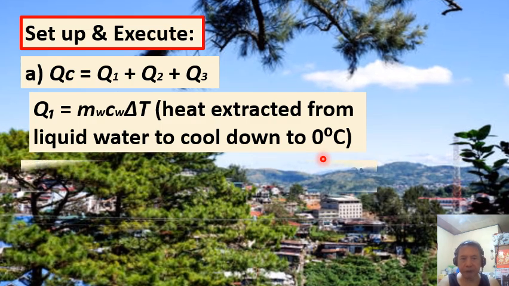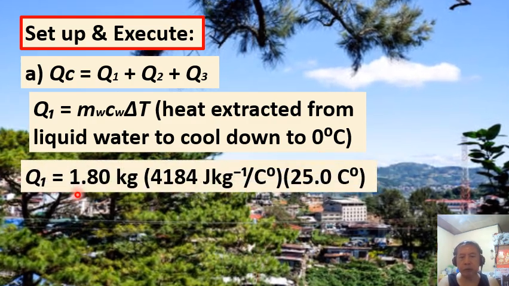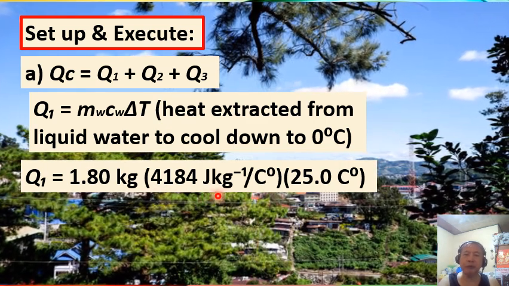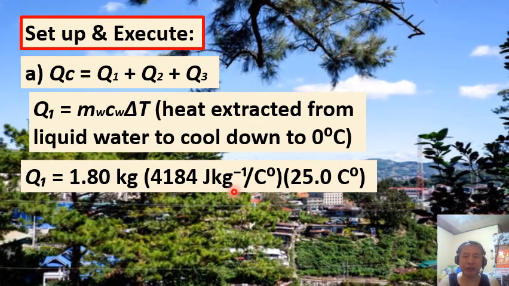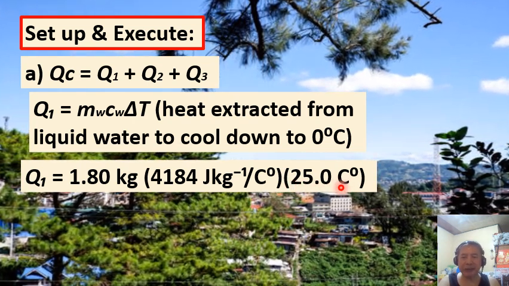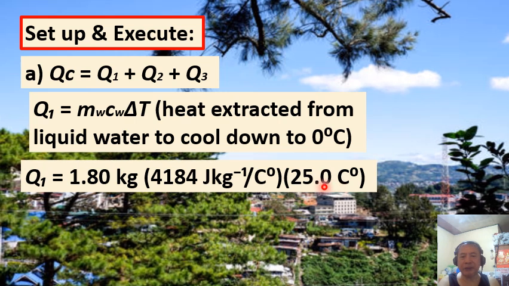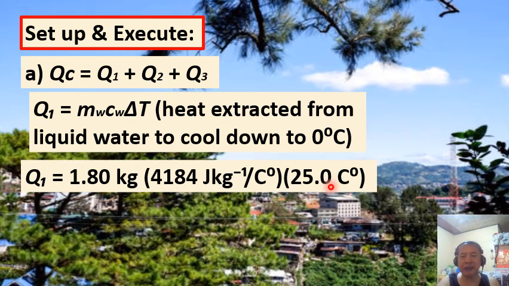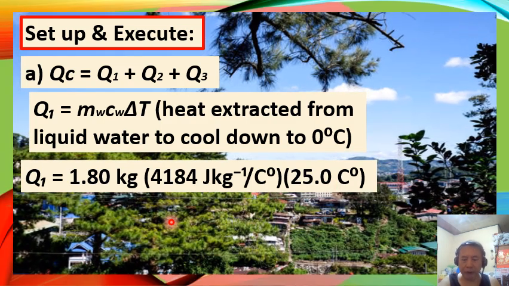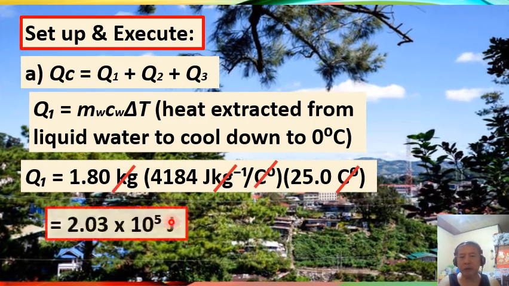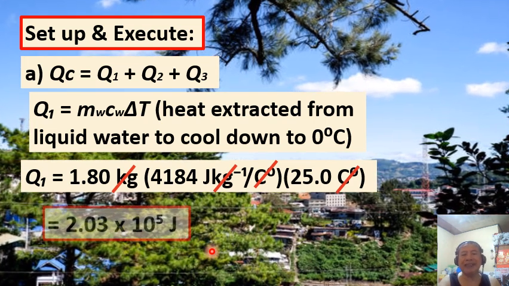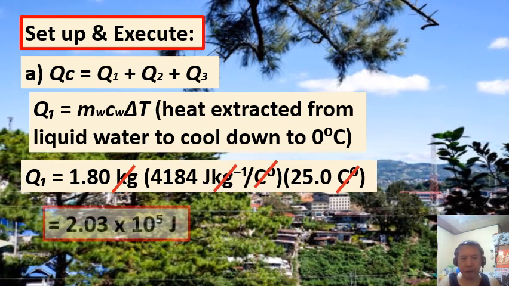That is, Q sub 1 is equal to 1.80 kilograms multiplied by 4,184 joules per kilogram per Celsius degree times 25.0 Celsius degrees. This is the difference between 25.0 degrees and 0 degrees Celsius. So when we do our math, we find the value of Q sub 1 equal to 2.03 times 10 to the fifth power joules in three significant figures.